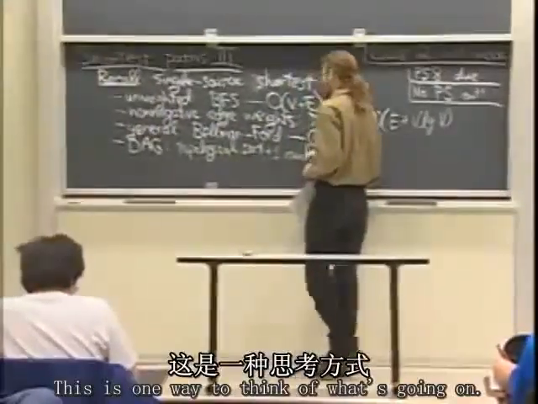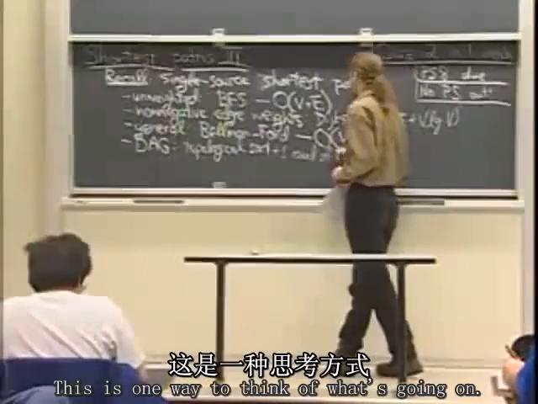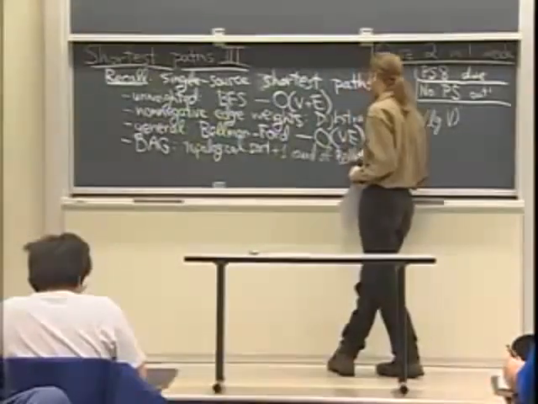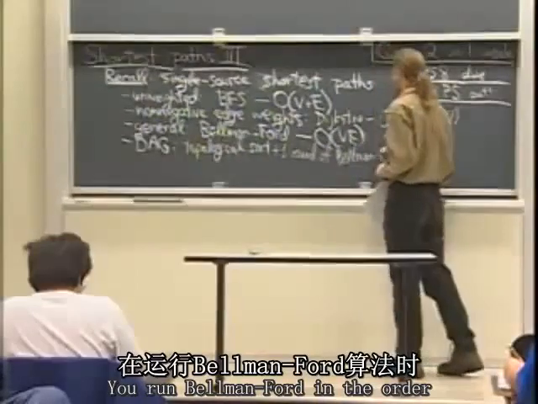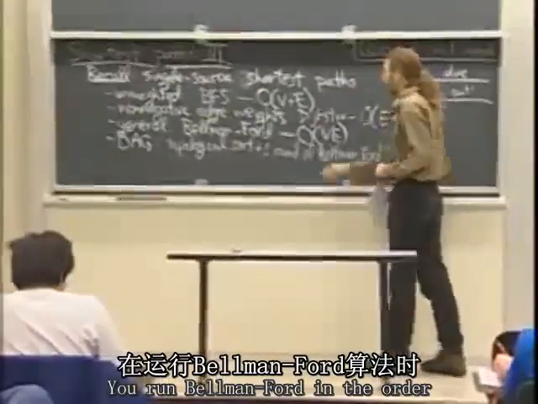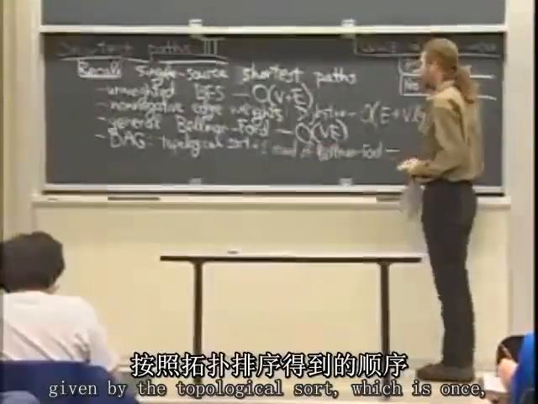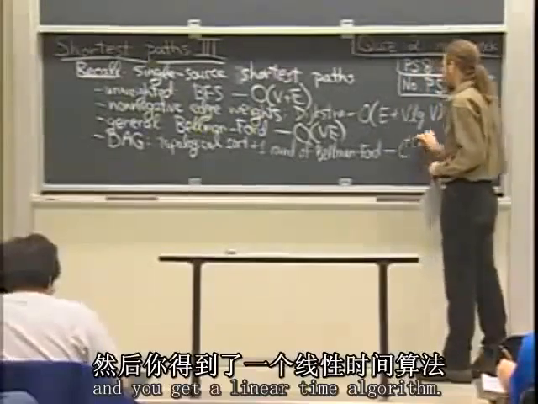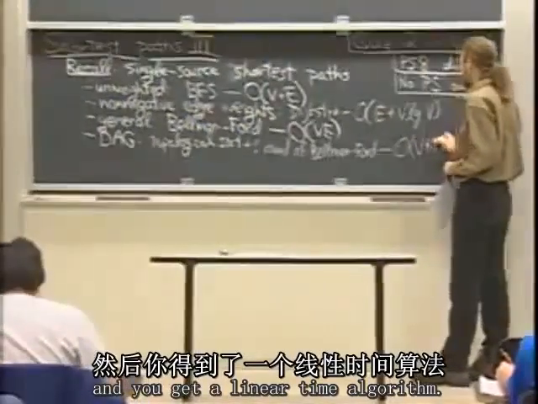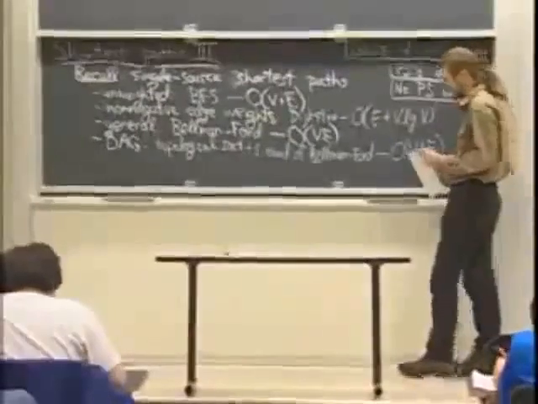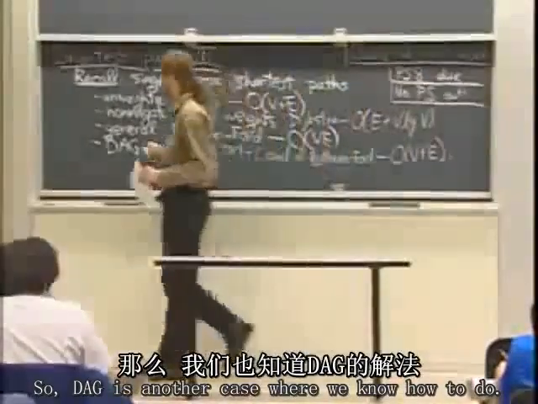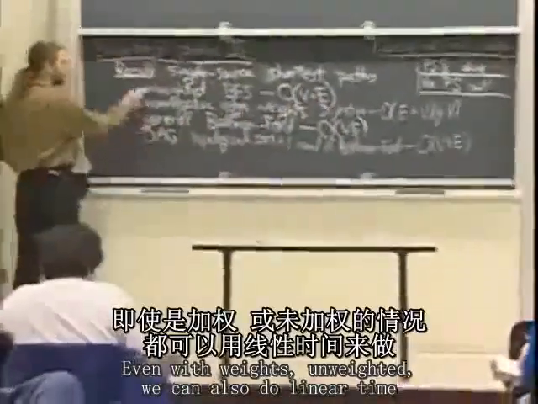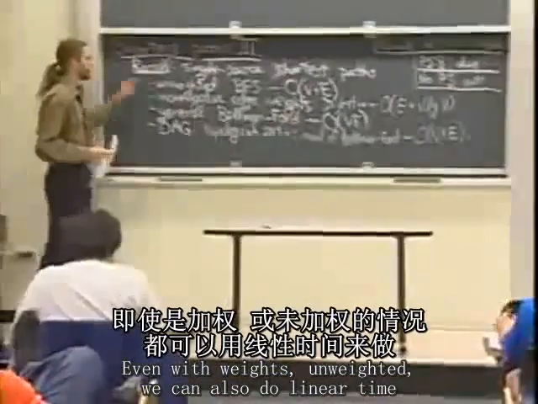This is one way to think of what's going on. You run Bellman-Ford in the order given by the topological sort, just once, and you get a linear time algorithm. So a DAG is another case where we know how to do well even with weights. Unweighted, we can also do linear time.